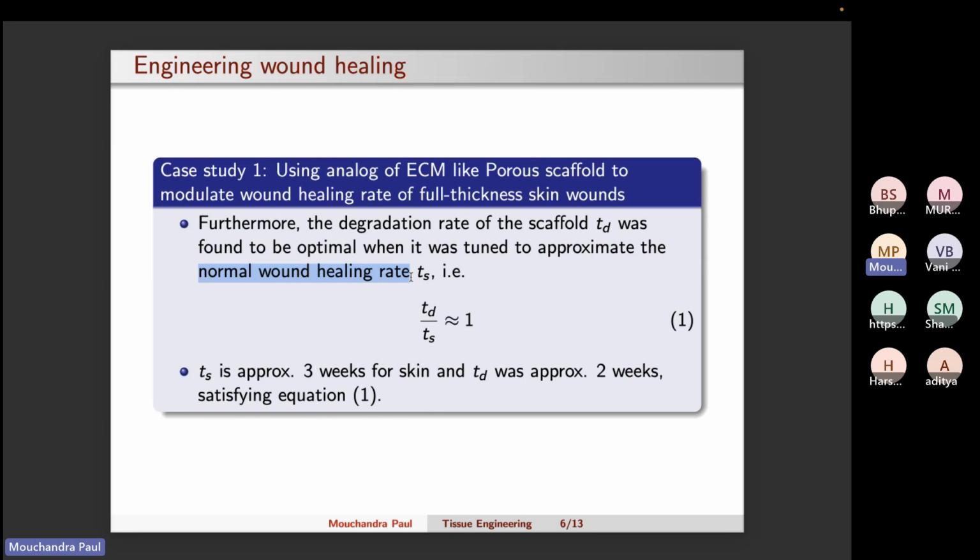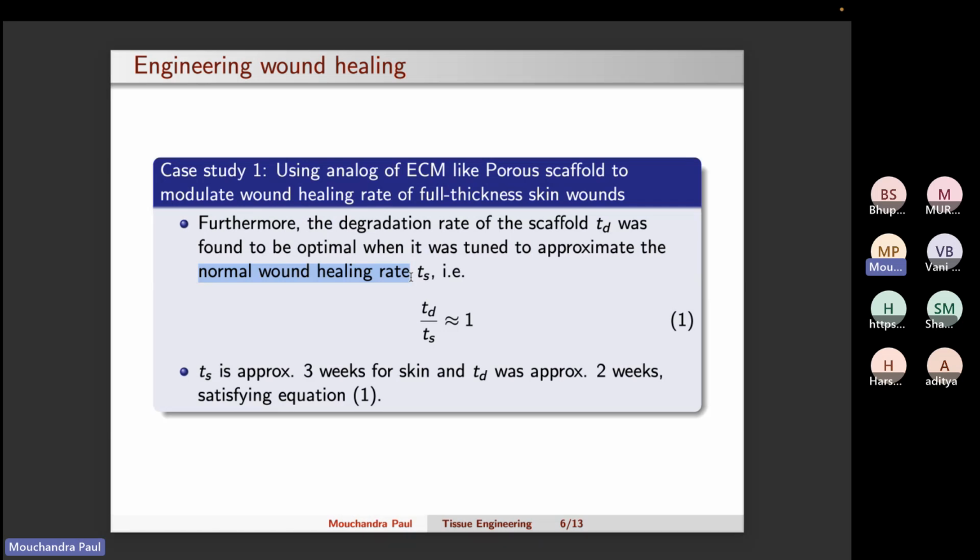If the scaffold degrades much faster, before the wound healing is complete, then wound contracture won't happen properly. If the scaffold is degrading at a very slow rate, then also improved wound healing won't happen. So we need it to be approximately equal.